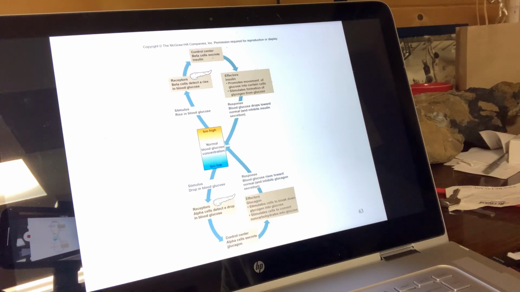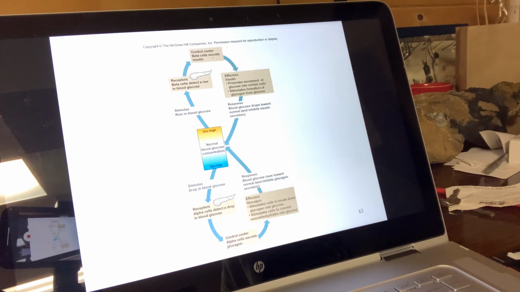Glucagon is produced by the alpha cells in response to low blood glucose levels, and glucagon basically stimulates the cells of the liver and other parts of the body that store glucose as glycogen to break that down into glucose molecules and empty it into the bloodstream, as well as stimulating cells to take non-carbohydrates and make glucose out of them and dump them into the bloodstream to raise your blood glucose level up to normal.